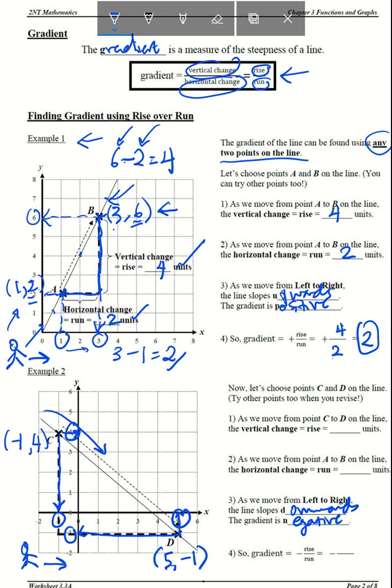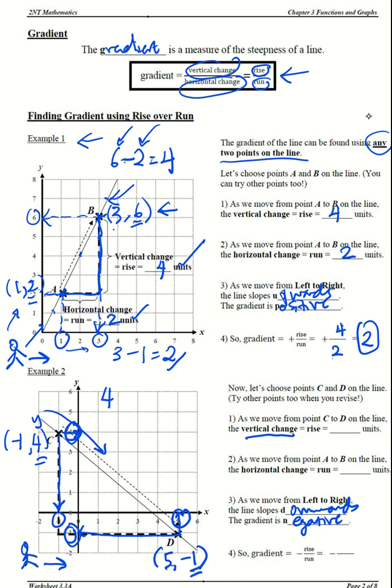So now if I look at the rise means the vertical change, right? Vertical change over here. So vertical change means I must look at the y-axis lah. From 4 and negative 1, how far apart are they? How many units are there? So I can take the difference. 4 is the bigger number minus the other y value.